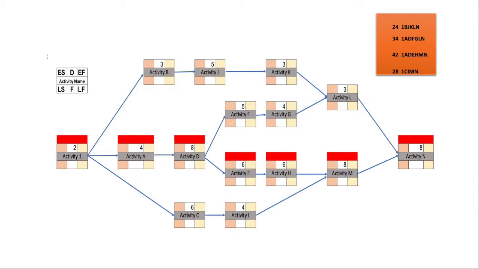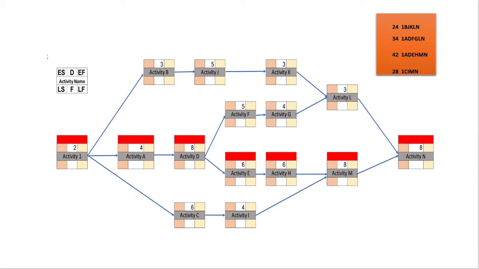Now we need to calculate the overall duration for each path. The first path is 1, B, J, K, L, N. So we have 2 plus B 3 days, so total 5, plus J 5, total 10, plus 3 is 13, plus 3 is 16, plus 8 is 24.